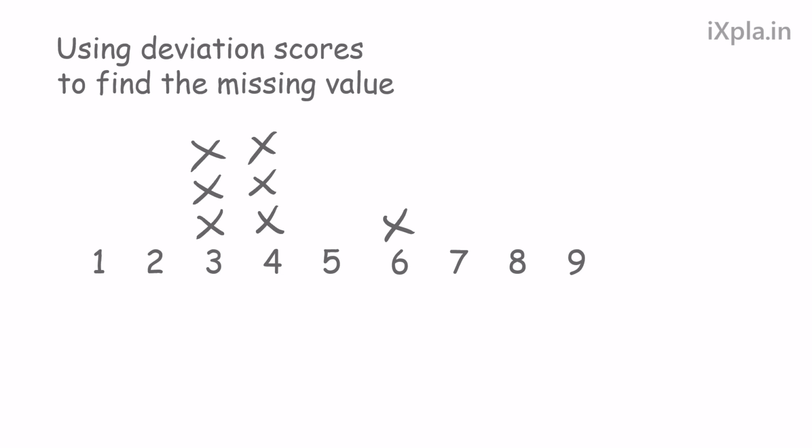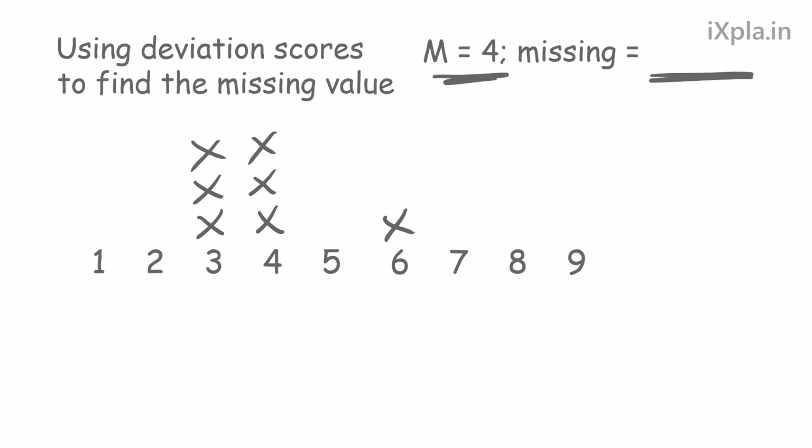In order to figure that out, I need to tell you that after the missing score is added, the mean of all 8 scores is going to be 4. Well, we could do this using algebra, but I don't want you to do that. I want you to use the deviation scores.